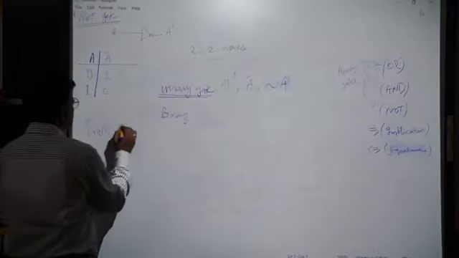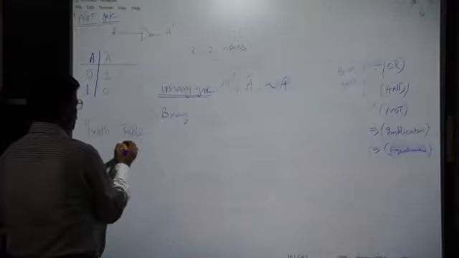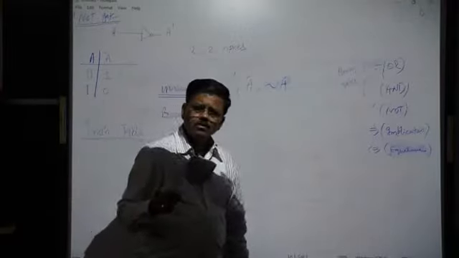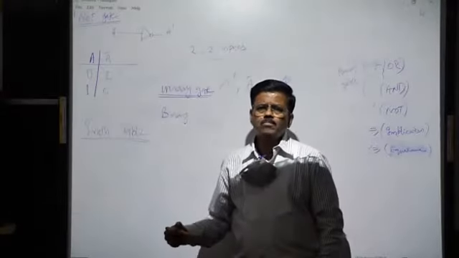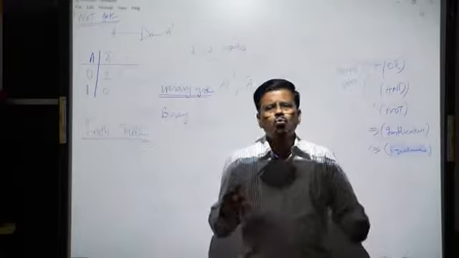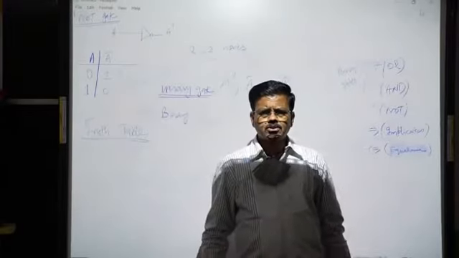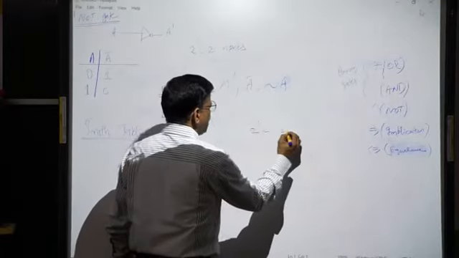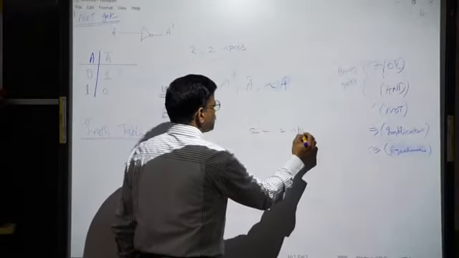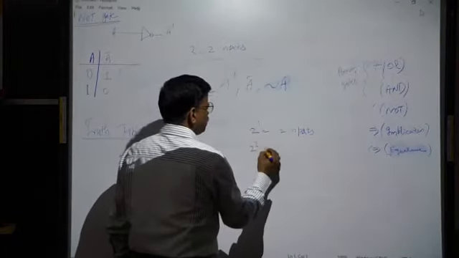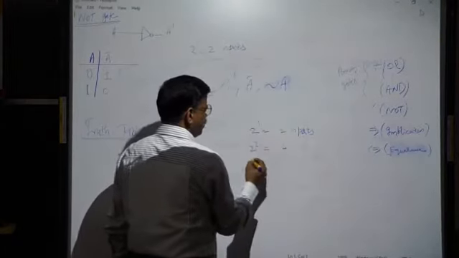I think you must be knowing the term called truth table. What is a truth table? A table which will have all possible inputs and corresponding output. What do you mean by all possible inputs? If you have one variable, you will have 2 inputs. If you have 2 variables, it will be 4 inputs.